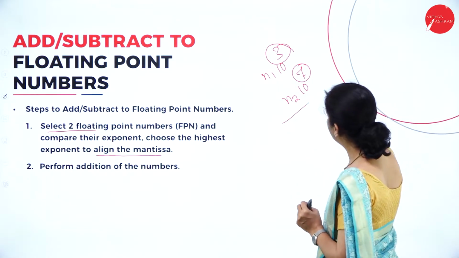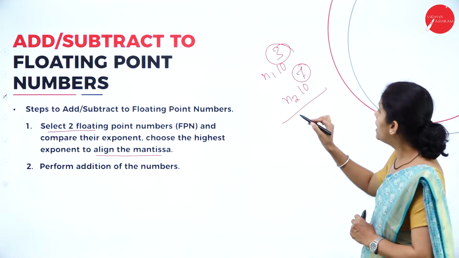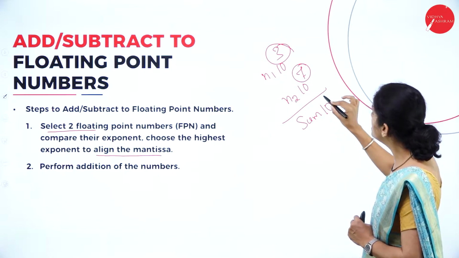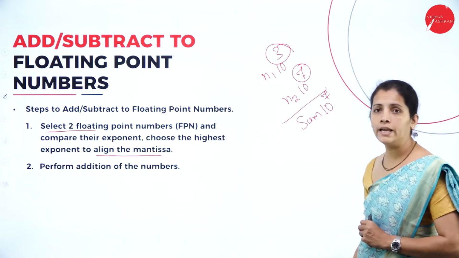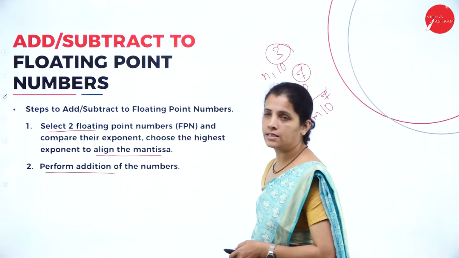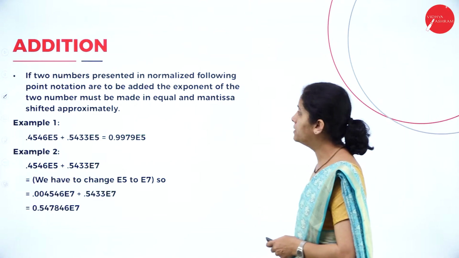That means after adding number 1 and number 2, whatever sum I get, the exponent of that sum is my highest exponent. After that, I'm going to perform the addition of numbers.